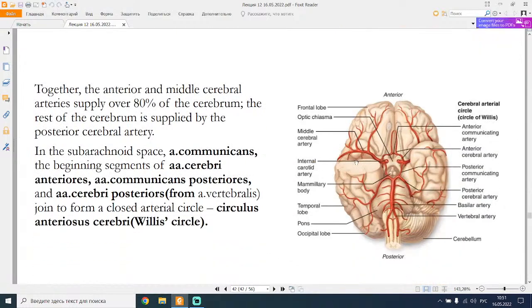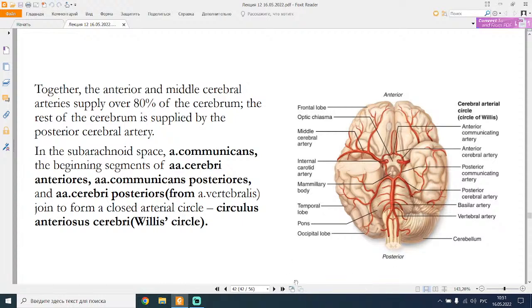Together, the anterior and middle cerebral arteries supply about 80% of the cerebrum. The rest of the cerebrum is supplied by the posterior cerebral artery.